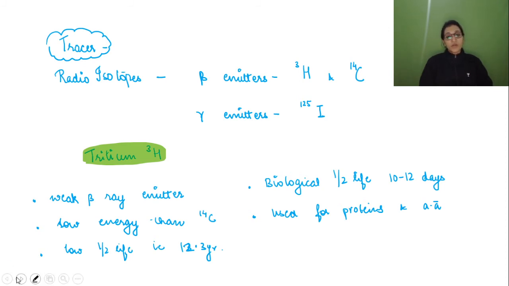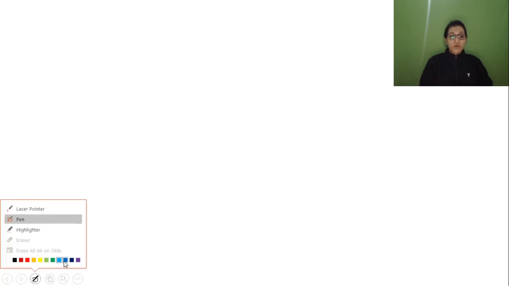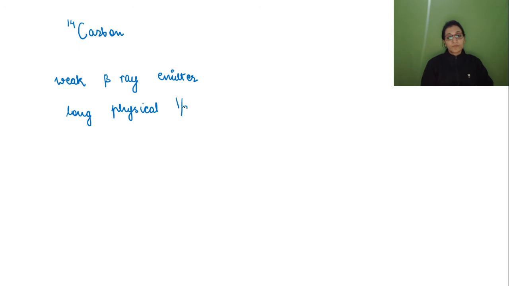Now when we are talking about carbon 14, we should discuss carbon 14 as well. So let us talk a little bit about carbon 14. It is again a weak beta ray emitter. Then it has a long physical half-life, that is 5.7 × 10^3 years approximately.